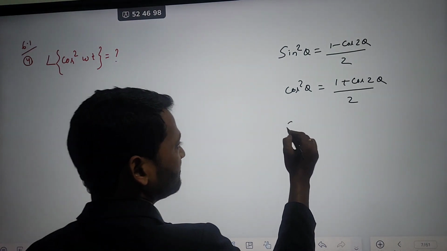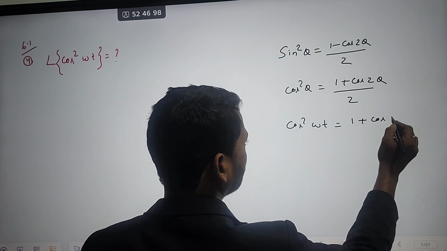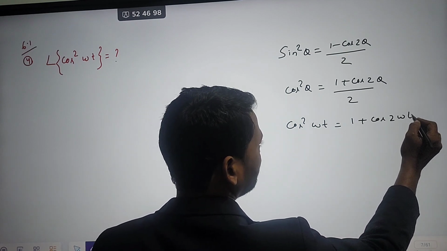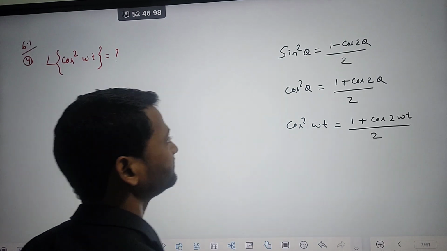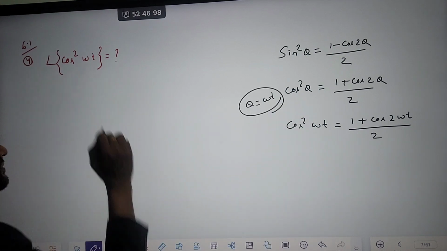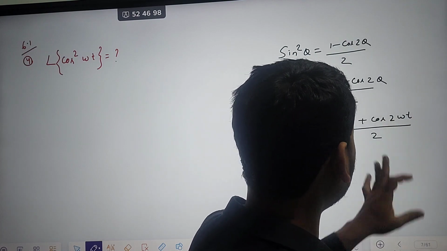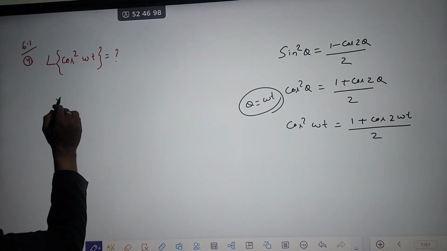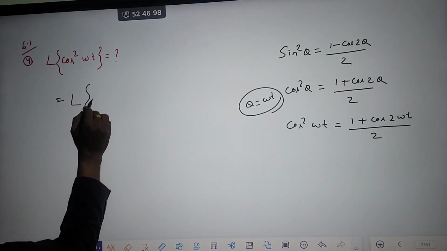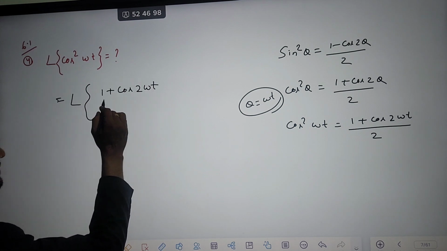Here theta is omega t. So cos square omega t will be 1 plus cos 2 omega t by 2. So here we can take Laplace of (1 plus cos 2 omega t) by 2.